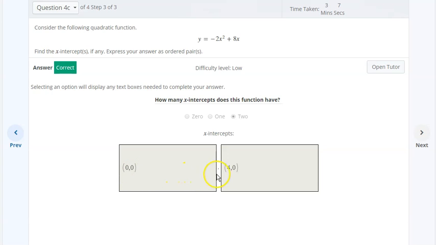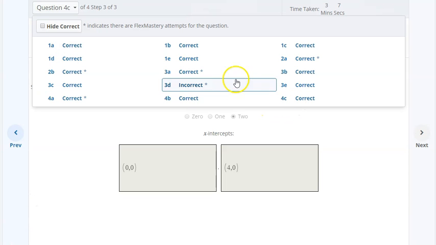The origin, and then 4, 0. And then they ask us to find 2 more points that are not x-intercepts, y-intercepts, or the vertex. And I guess that's as far as they go on this one.